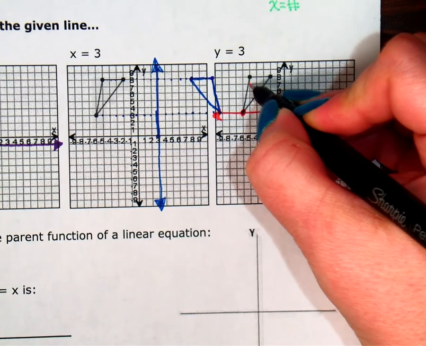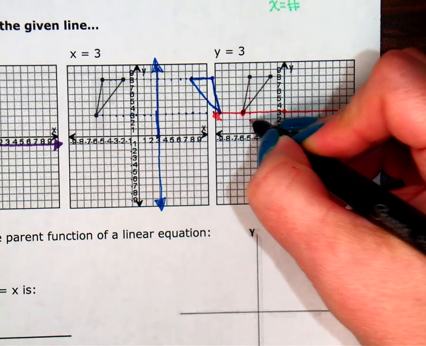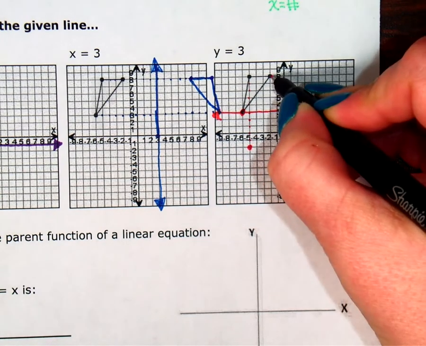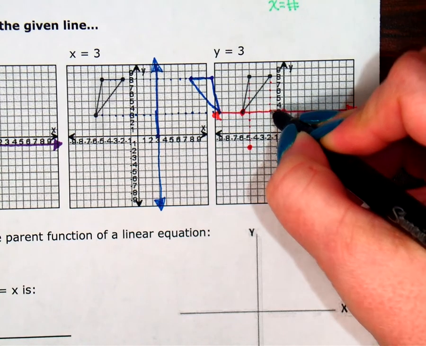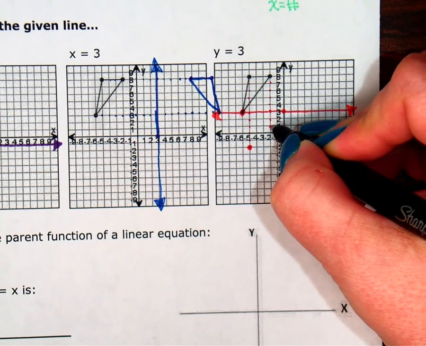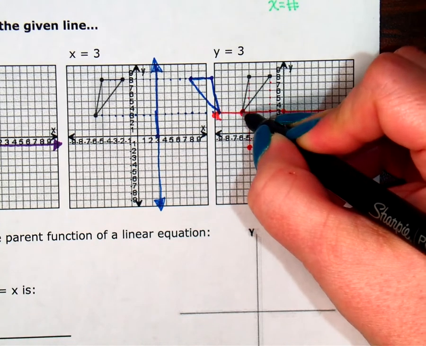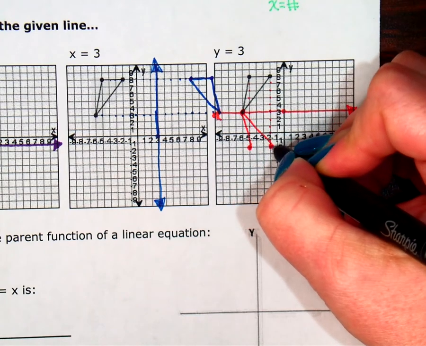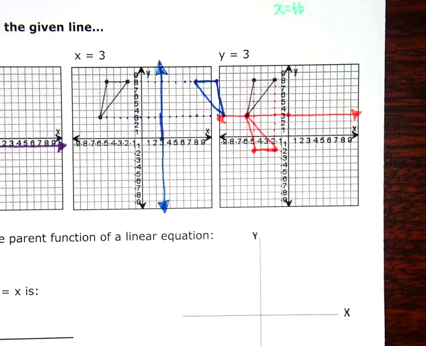But this one up here is 5 above, so we're going to go 5 below. This one is 5 above, so then 5 below. Here is my reflected image.